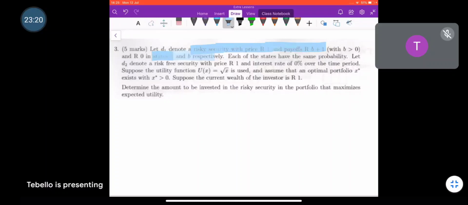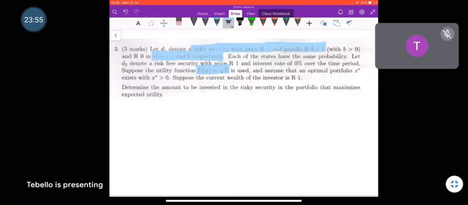Each of the states has the same probability, 0.5 and 0.5. Let D2 denote a risk-free security with price of 1 and interest rate of 0 over the time period. Suppose that the utility function is this one over here, and assume that an optimum portfolio X star exists where X star is greater than 0.